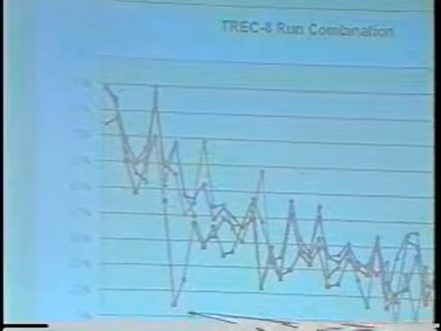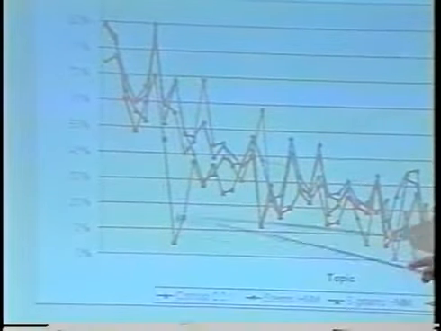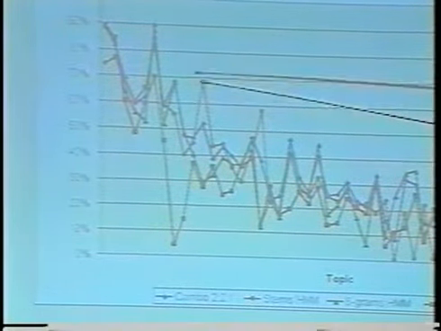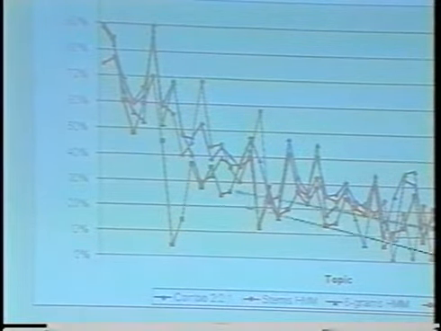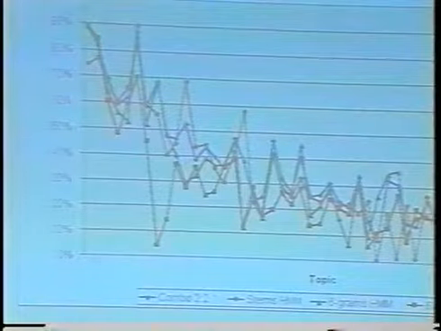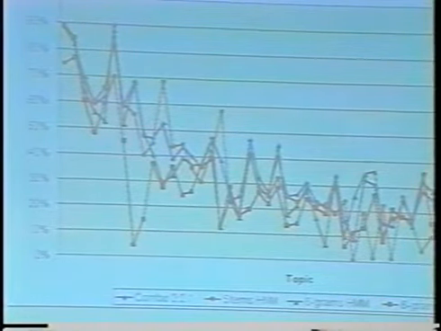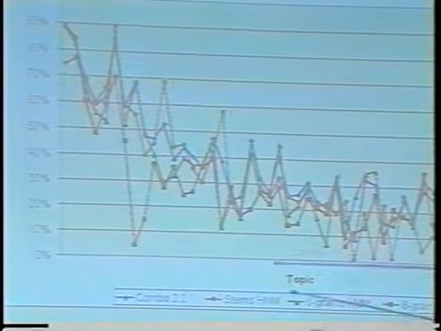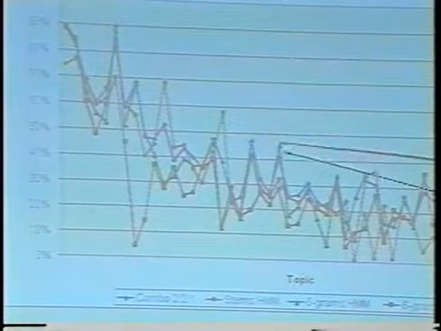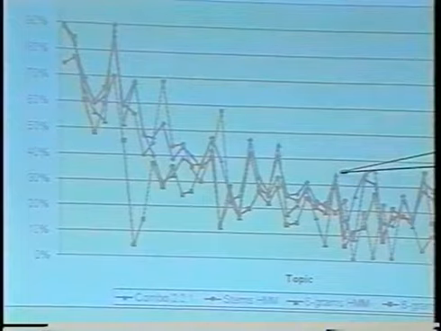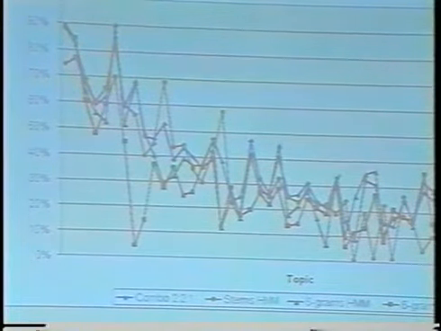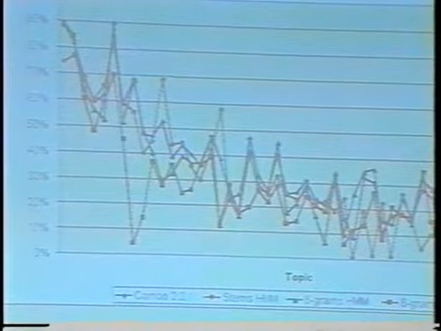Here's one where the cosine measure is absolutely abysmal. The combination, blue here, is better than any of the individual ones in that case. Because why? Because just the combination of evidence basically overrules this one. That's not always the case. Blue isn't always the top one. Here, 6-gram HMM slightly outperforms the combined score.